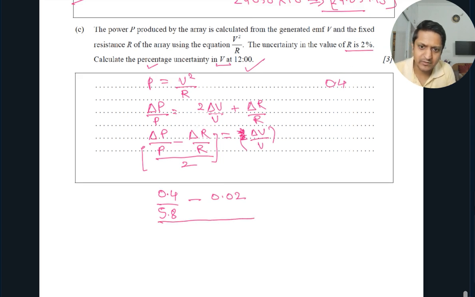Then divided by 2, into 100. So this will be delta V by V.